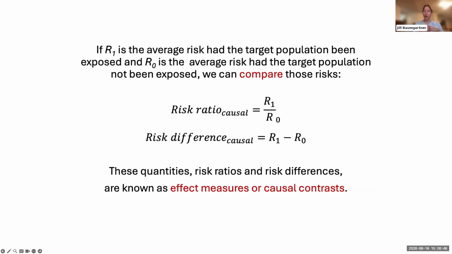These are known as causal contrasts because they contrast what would happen under two different exposure scenarios, one with a wildfire event, one without. They're also called effect measures because they quantify the magnitude of the causal effect of the exposure on that particular outcome.